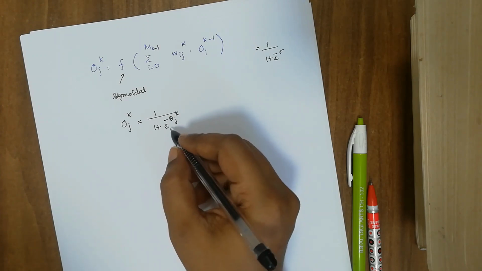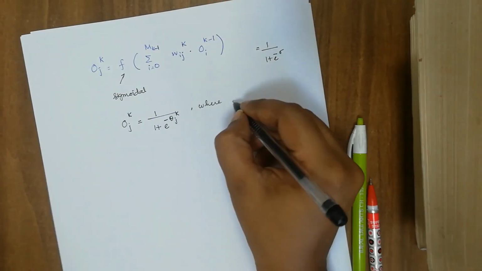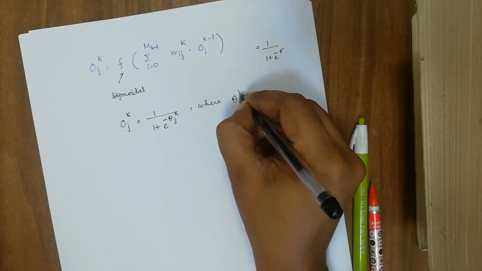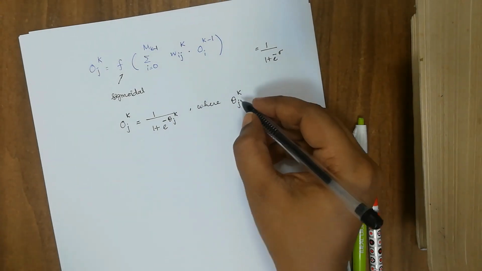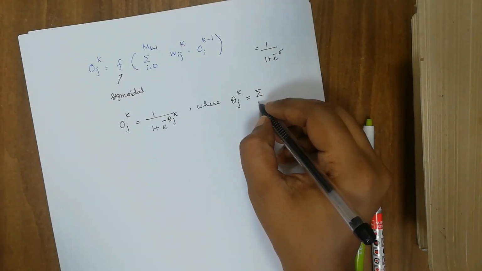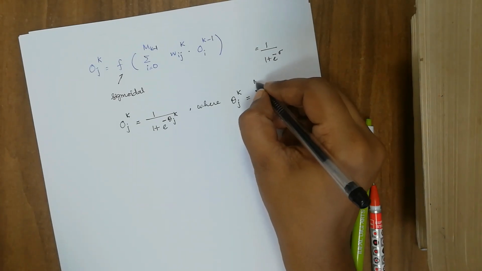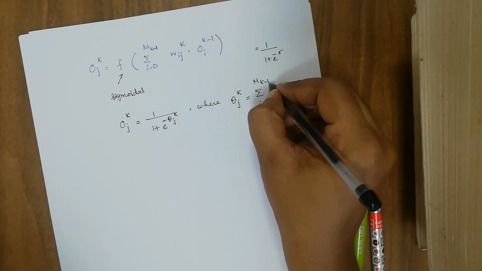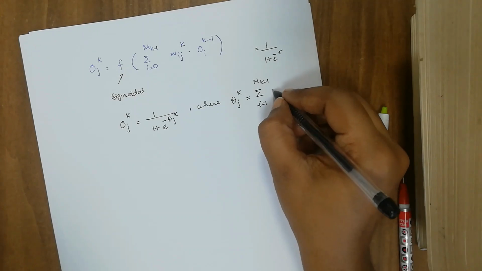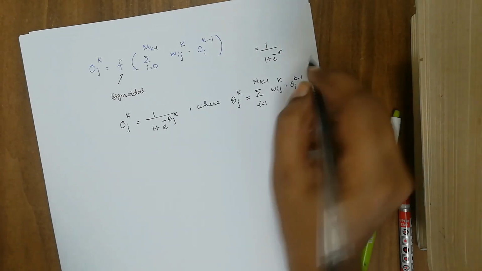Where theta jk is nothing but the summation, the output obtained, mk wij k into oi k minus 1, same thing.